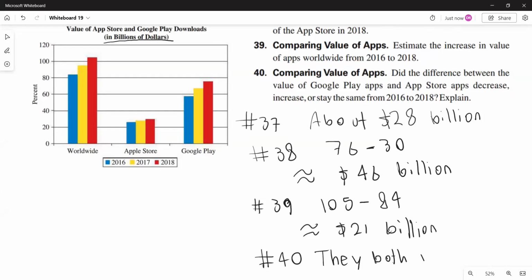Yeah, so they both increase. And we know that because we see the upward trend of the bars.